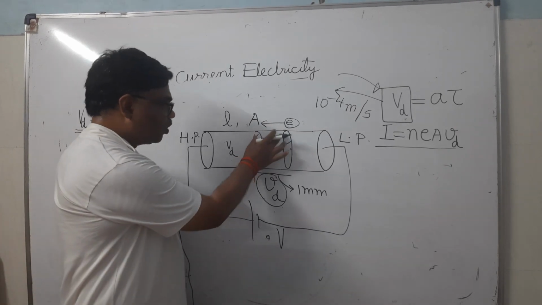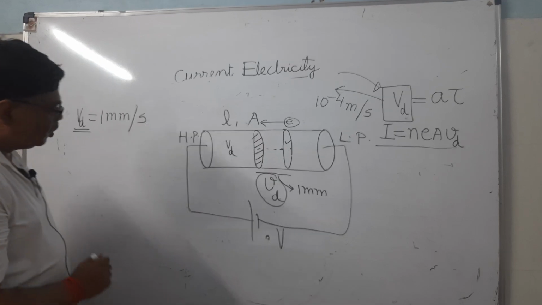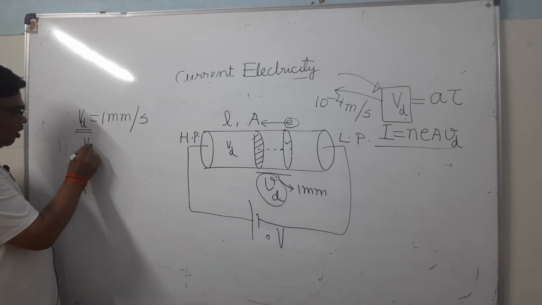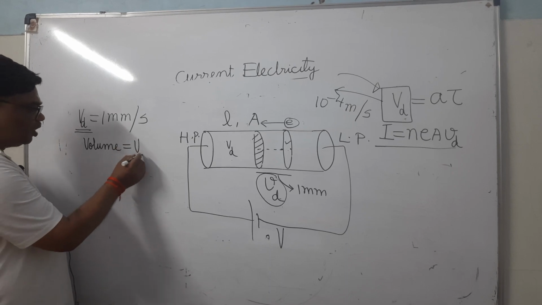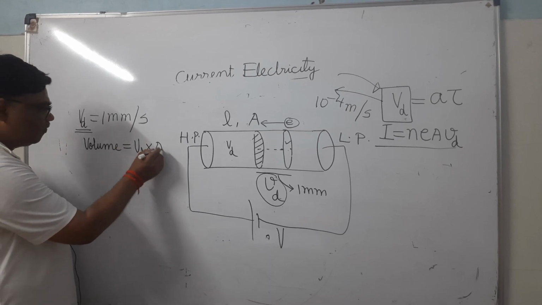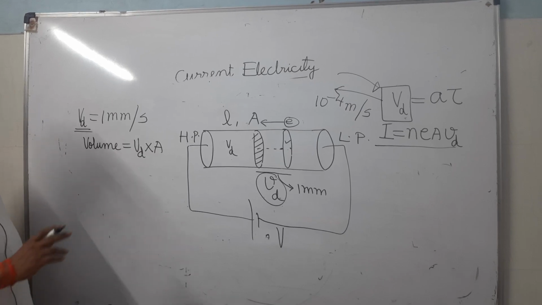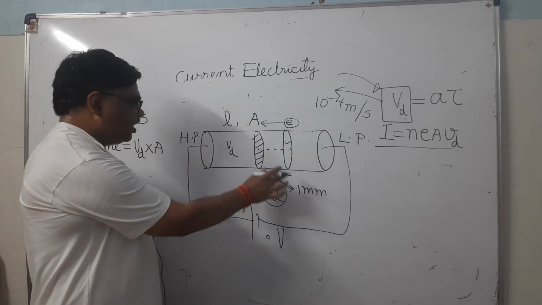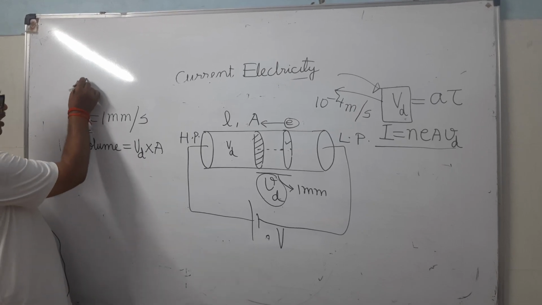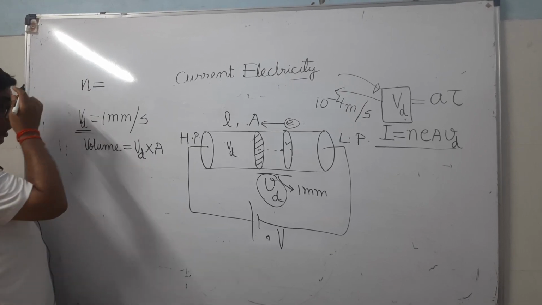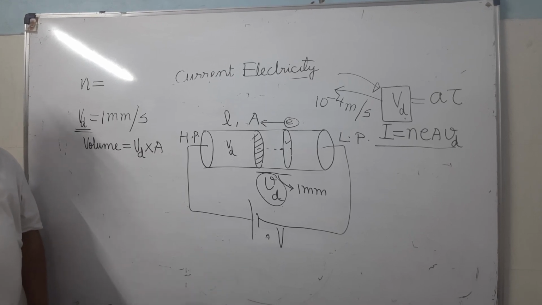So first you find out this volume. This is in cylindrical shape, so the volume of Vd length of conductor will be equal to length multiplied by area of cross section. Now in this volume there will be how many free electrons? If we assume the free electron density is small n, free electron density means number of free electrons per unit volume.